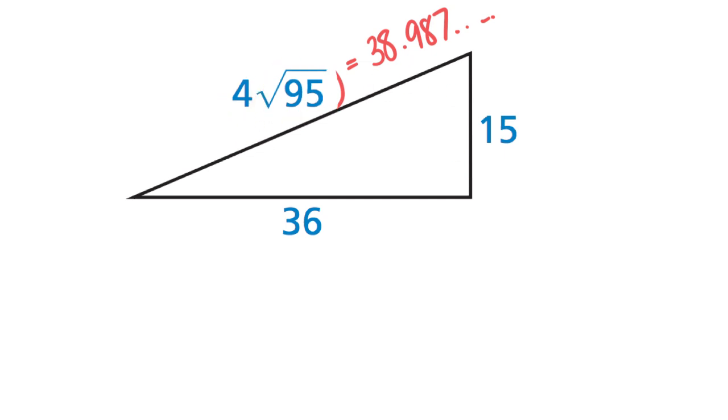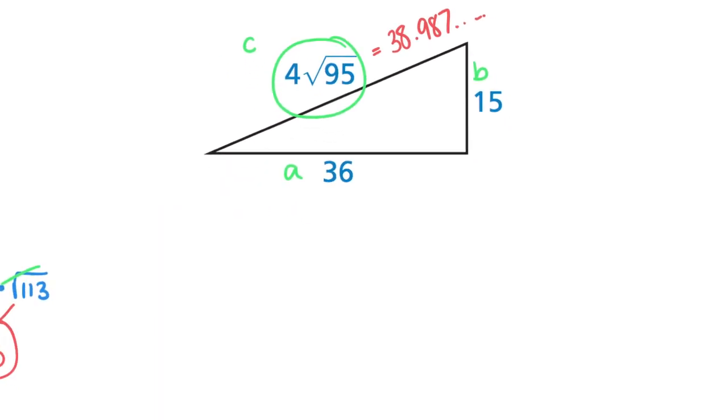So now we're going to plug everything into the Pythagorean theorem. So this would be C, and then I'm just going to call this A and this B. So here we go. I'm going to plug it into a squared plus b squared equals c squared. So we're going to have 36 squared plus 15 squared equals, I'm going to write it like this, 4 times the square root of 95, squared.